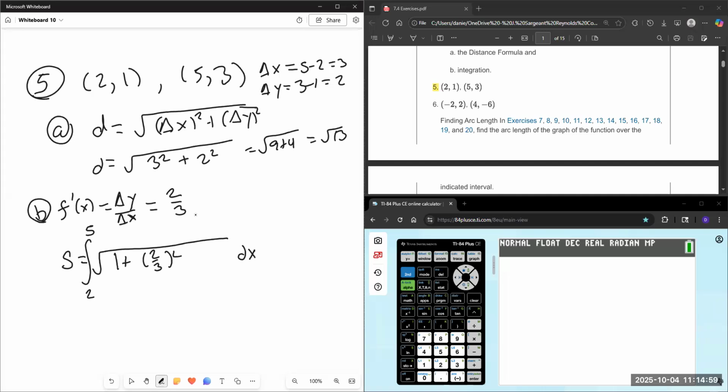This will all be a constant, so s is going to be the square root of 1 plus 4/9, integral dx, which is equal to the square root of 9 plus 4 over 9, times x from 2 to 5.